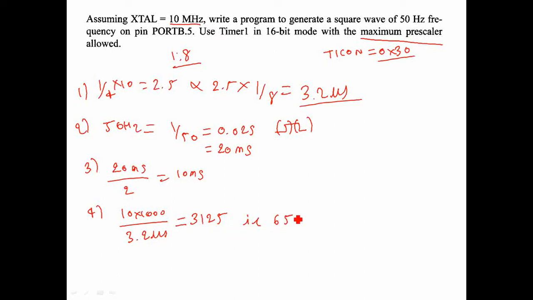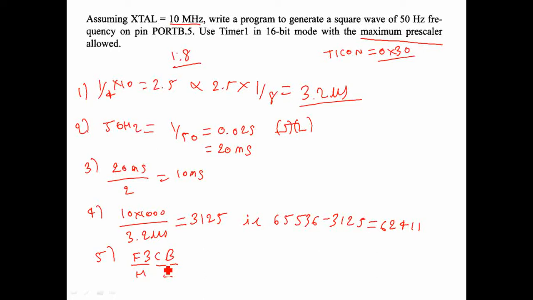If you subtract this from 65,536, 65,536 minus 3125 gives 62,411. If you convert 62,411 into hex, you get F3CB, where F3 is the higher byte and CB is the lower byte. This is the value we have to feed into timer 1H and timer 1L.